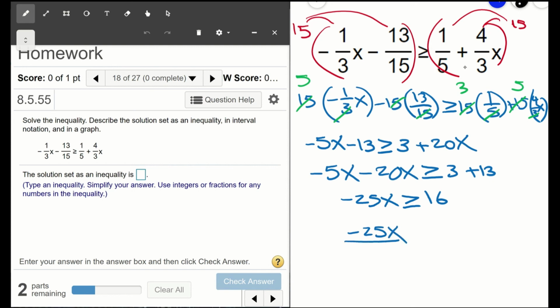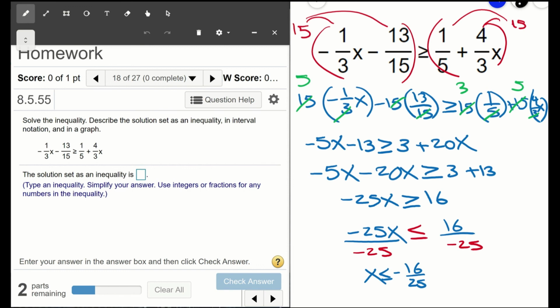Since I'm dividing by a negative number, I'm going to do it in a new line. I'm going to put negative 25 on both sides. And of course, I'm immediately going to change the direction of the inequality because I'm dividing by a negative. So we end up with x less than or equal to negative 16/25.